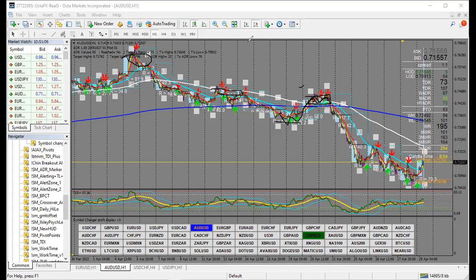Exactly. As D1 is doing a pullback, a complete trend will form on H4. Actually, as D1 is doing a pullback, it will form a reset, not a complete trend. As it is falling to the next level, it will do a complete trend. That's what we are trying to say. Yes. Okay. Thank you.